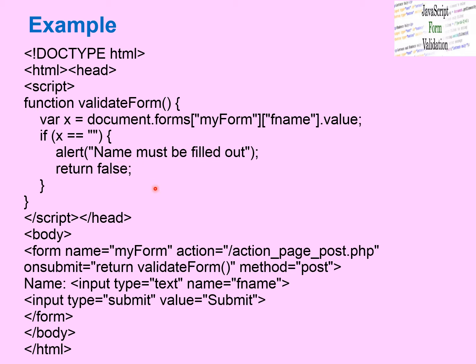Return false means on submit the value is false, so the action will not be performed. The user gets an alert box and the focus will remain on the same web page. So this is just an example of form validation related to a single text field.